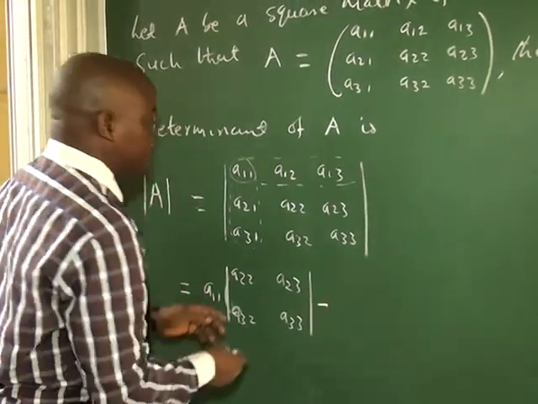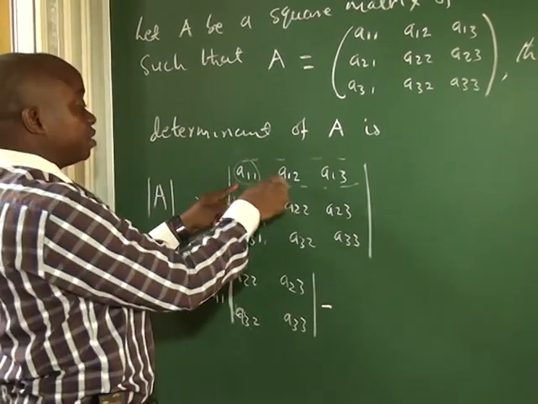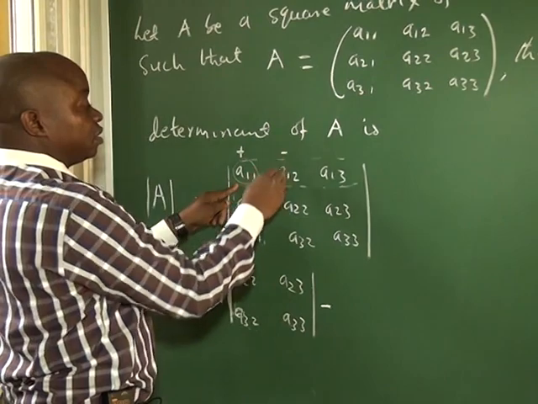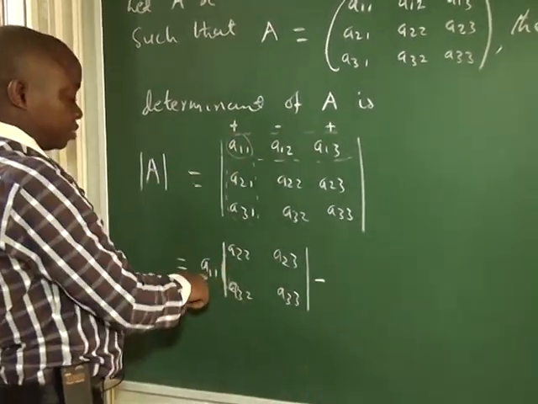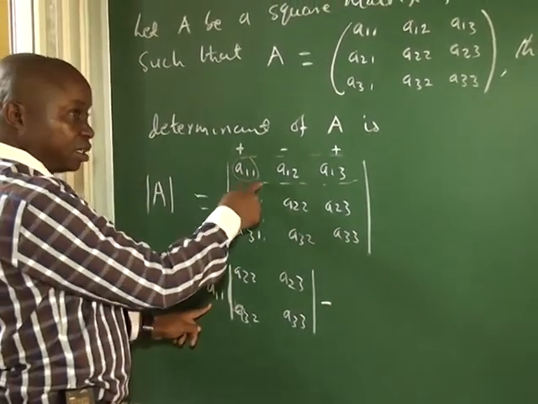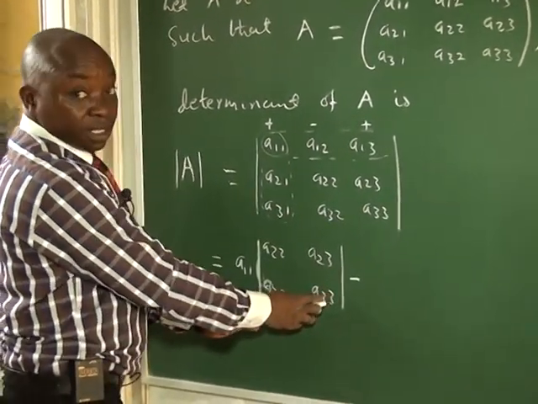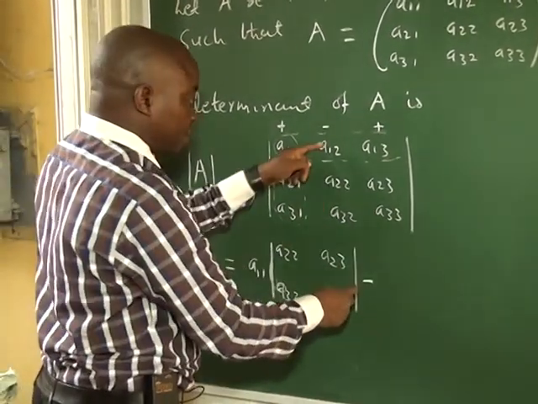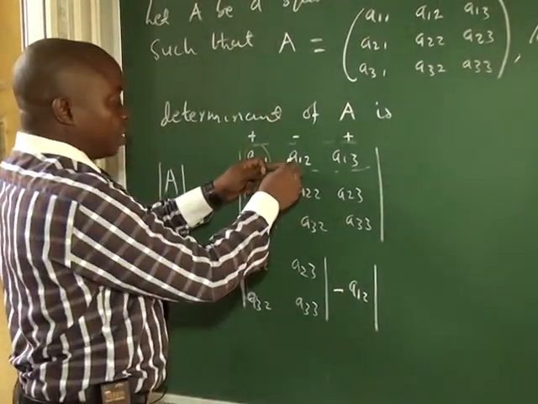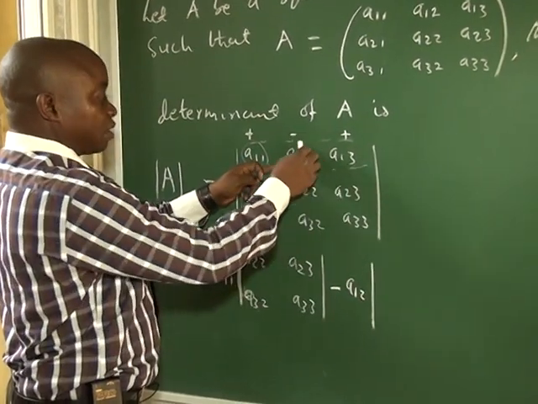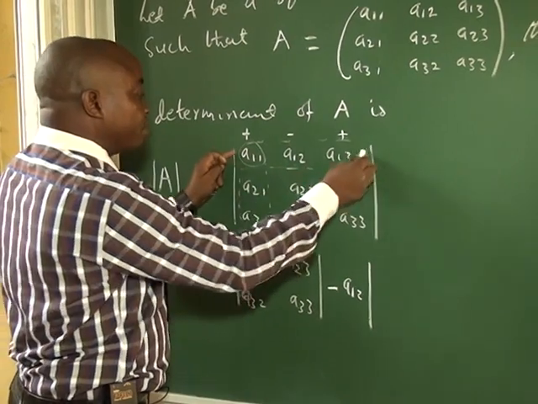Then minus, I want to pick this one. Now notice that the signs alternate. This is plus, minus, and this is plus. So this one was plus, it's positive. Then I ignore here and here. What remains is this. Minus, pick this, which is A12. Then also ignore the elements in the column of A12 and the elements in the row of that A12.